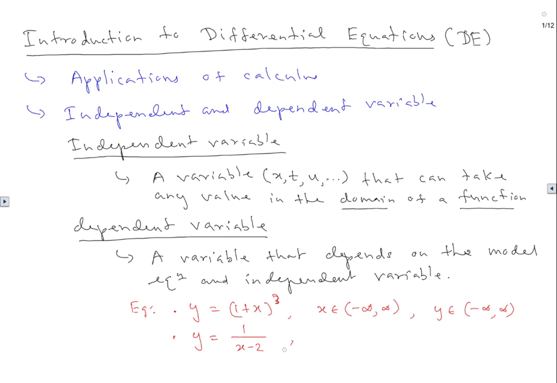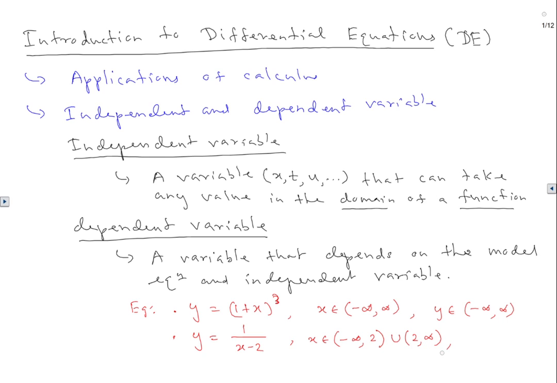That's why you have to be careful and say it's the domain of the function. x cannot equal 2, because if x equals 2, then you divide by 0, which you need to avoid. So x belongs to negative infinity to 2, open, union 2 to infinity. You have to remove 2 from the domain.